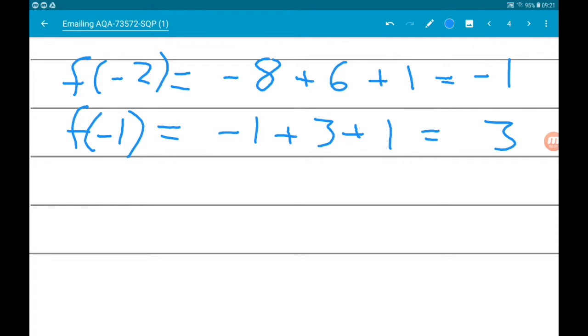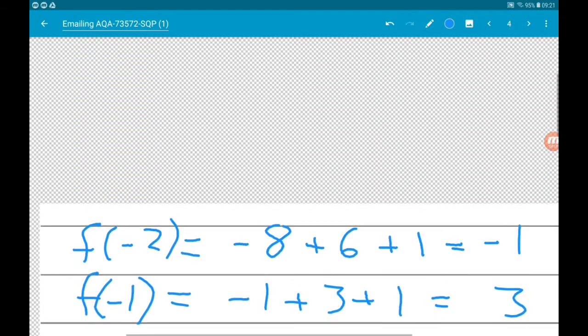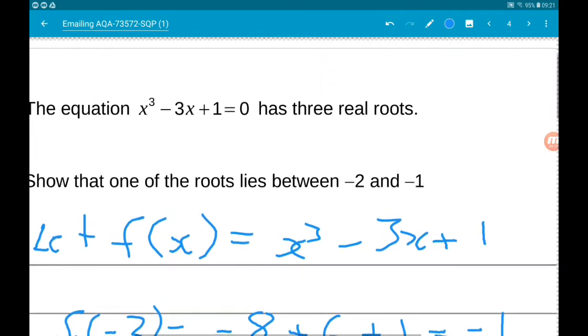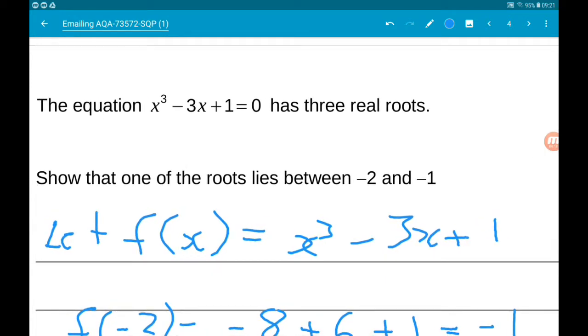Okay, so we do have our change of sign as we need for there to be a root between two x values. We also need to mention something else about the curve, and that is that it is a continuous curve. So we do need to state that in our argument that the curve is continuous.